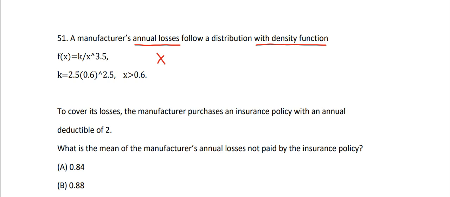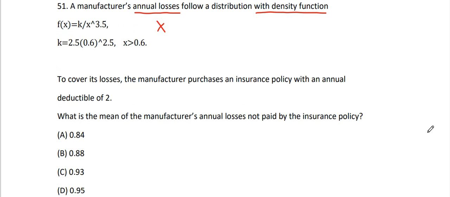So the company purchases an insurance policy to cover its loss, with an annual deductible of 2. So we want to find the mean of what? The mean of their loss, the mean of the x not paid by the insurance policy.